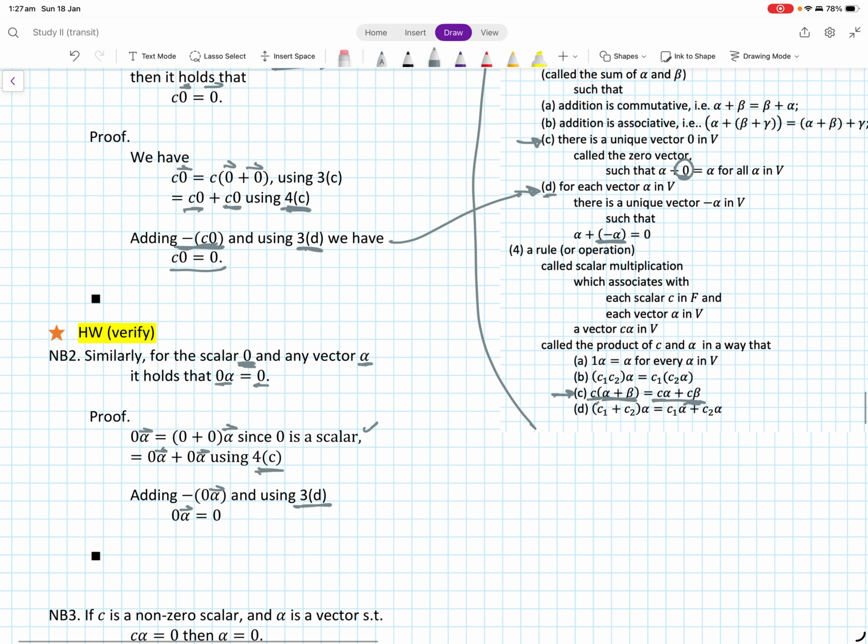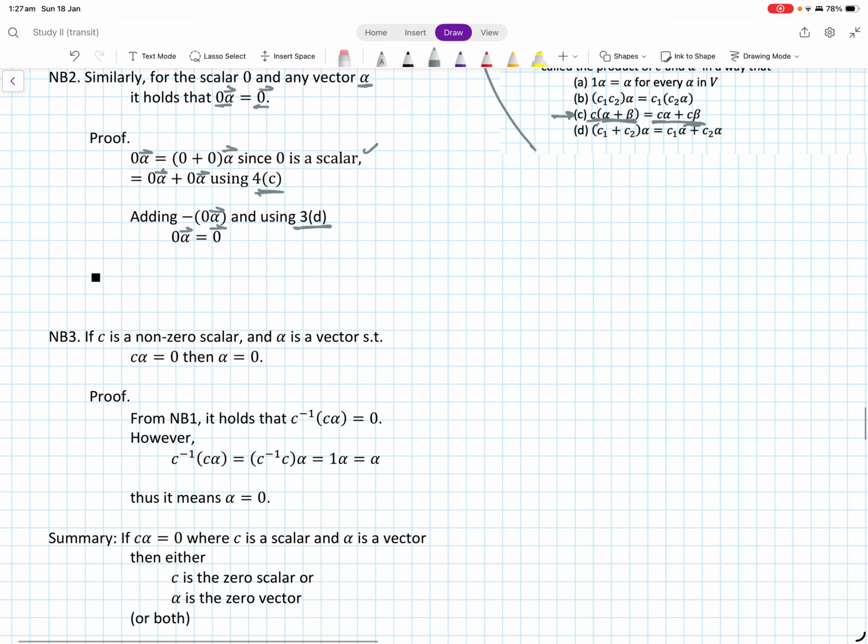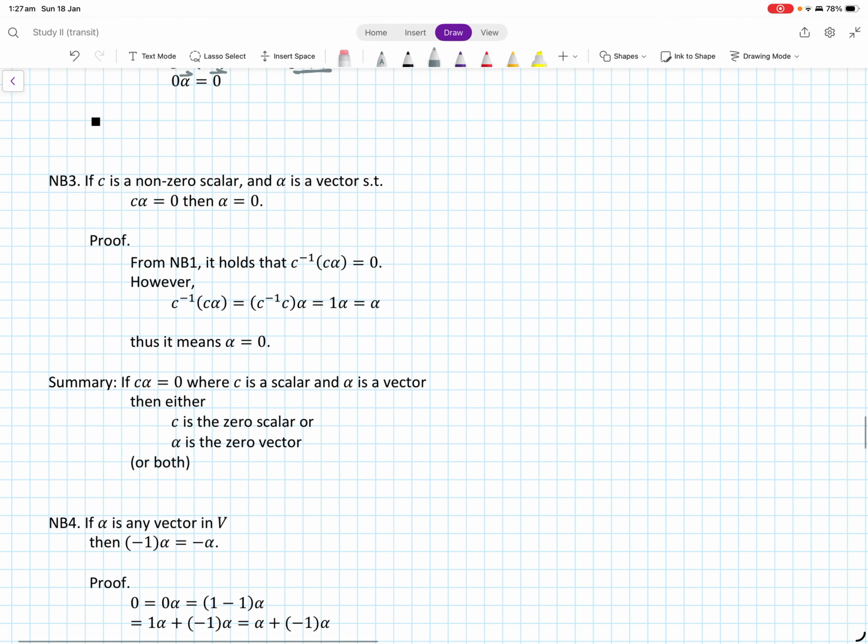And this would give us that 0 times alpha equals the 0 vector. Okay. All right. So that is the claim. Good. These are some very elementary properties, so it's fine.